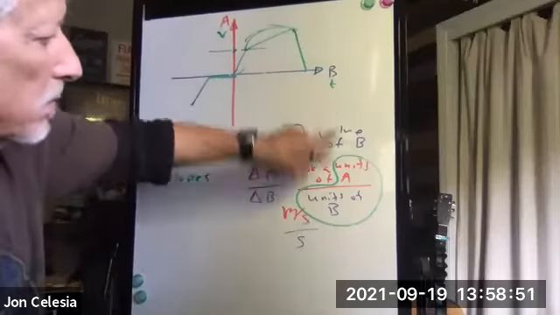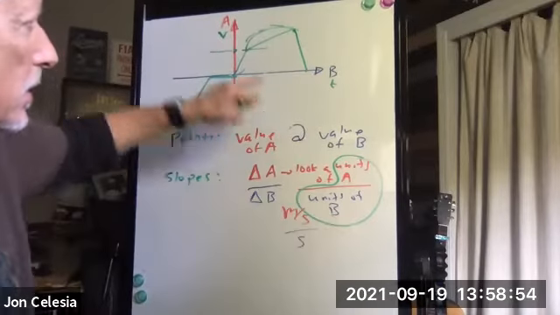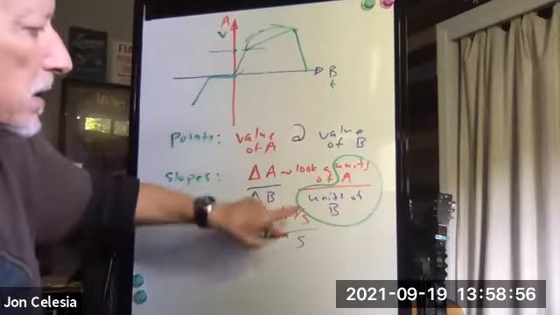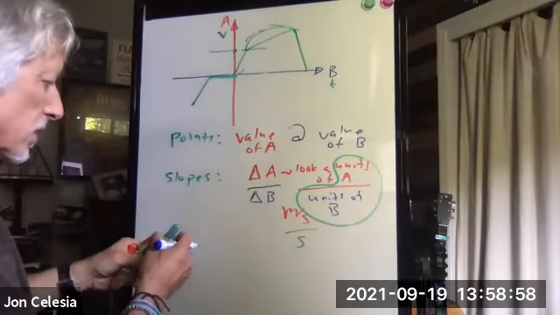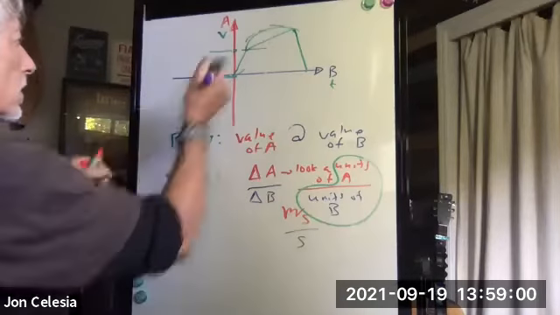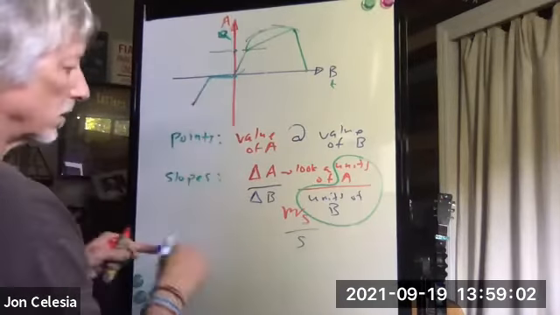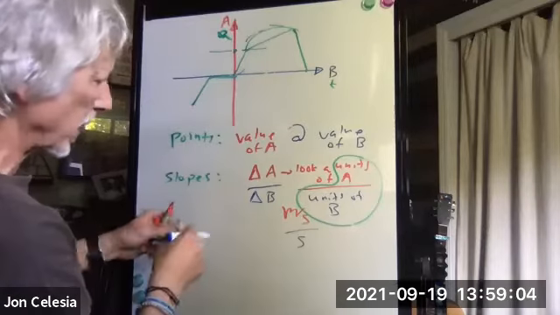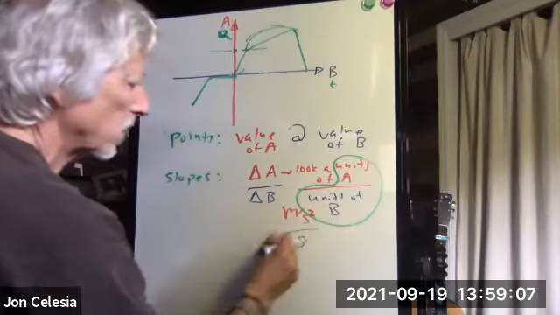Position versus time, it'd be velocity. Velocity versus time, it'd be acceleration. Now, acceleration versus time makes this acceleration, and that's meters per second squared per second.